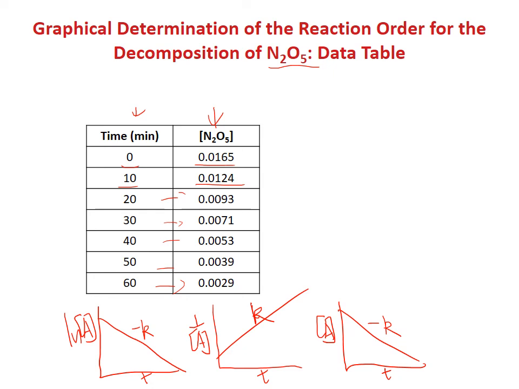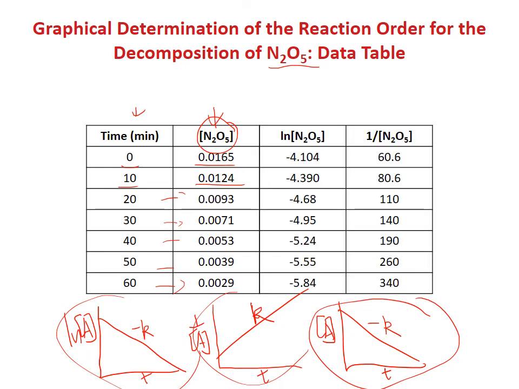So in order to find whether it's first order, zero order, or second order, we plot these three curves. We already have the concentration, so we can plot this one. But in order to plot these two, we add two more columns, one is the natural log, one is the inverse, and then we use this as y against x, time is x. So make three plots, see which one is a straight line, and then we can tell if it's first order, second order, or zero order.